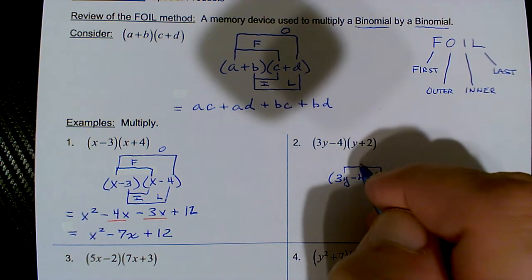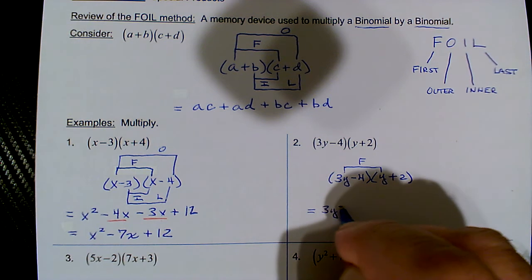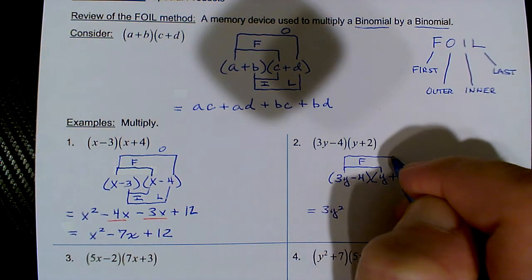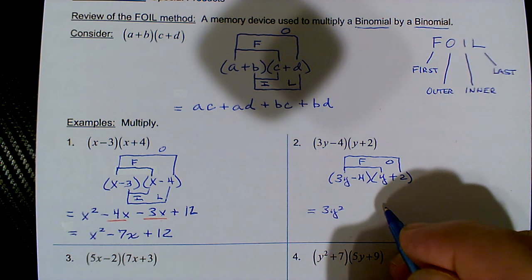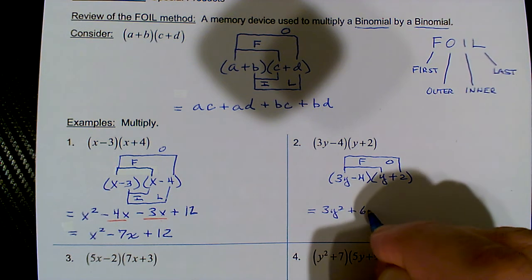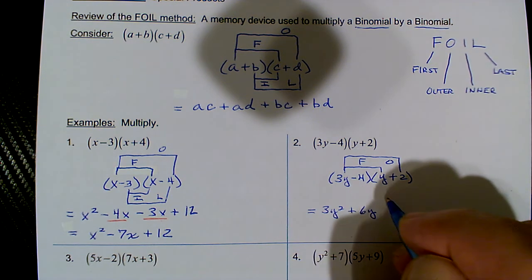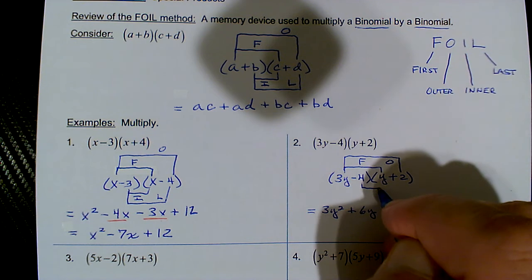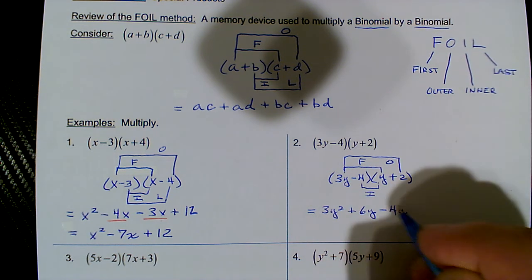So 3y times y for the first gives 3y squared. 3y times 2 for the outers gives positive 6y. Remember, put an addition or subtraction to separate the terms. Inner product, negative 4 times y, negative 4y.